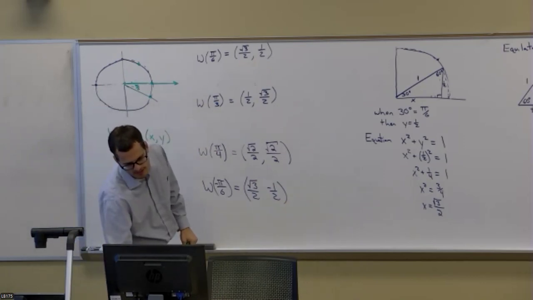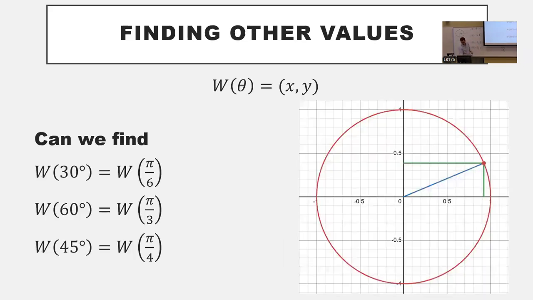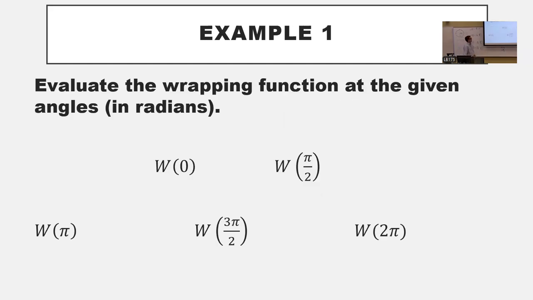And you can do that all around the entire circle with every different angle of 30, 60, 90. So take the quadrant angles and then add 30 degrees to it, add 60 degrees to it, add 45 degrees to it.